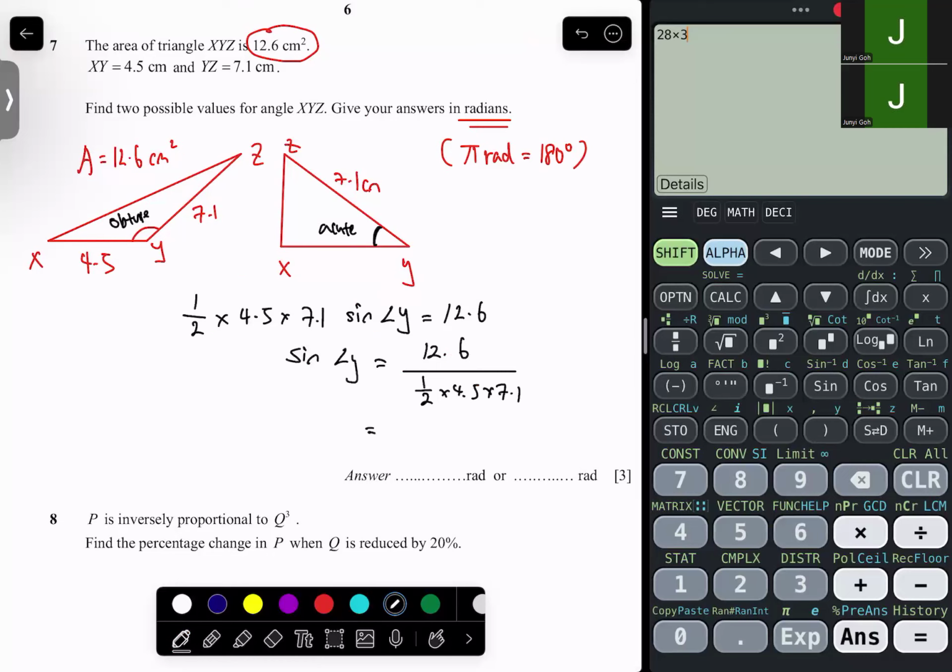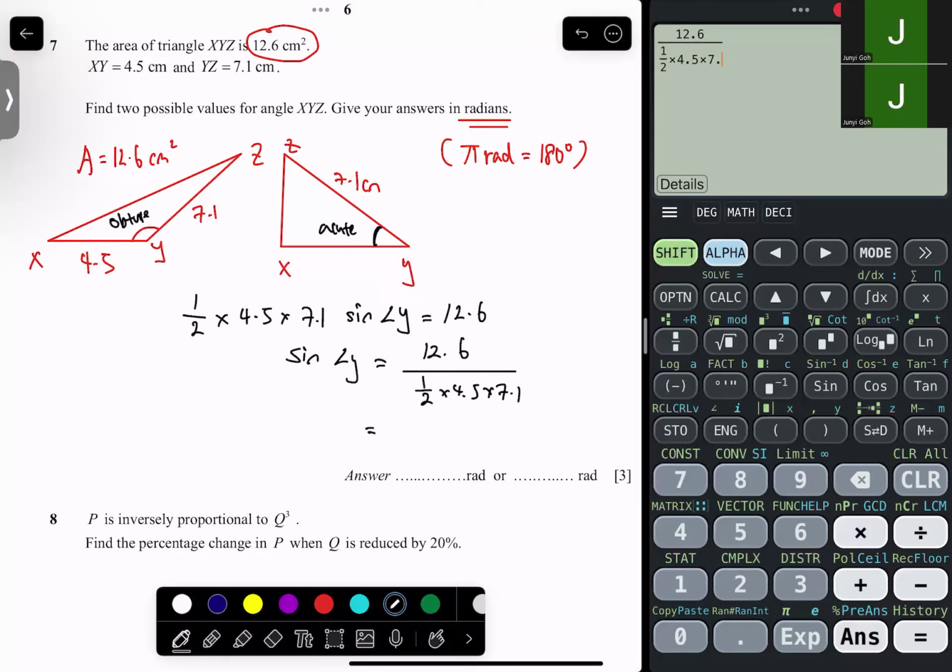So 12.6 over half times 4.5 times 7.1 will be equal to 0.78873, by 5 SF for my working. For presentation, if I can use the actual value, I will use the actual value.